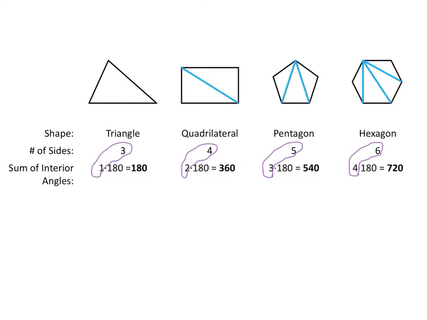Do we see a pattern here? Hopefully you see that they all have a common difference. In other words, 3 minus 1 is 2. 4 minus 2 is 2. 5 minus 3 is 2. And 6 minus 4 is 2.